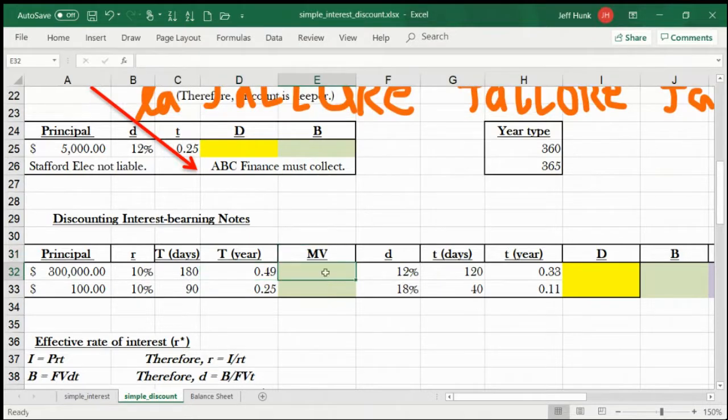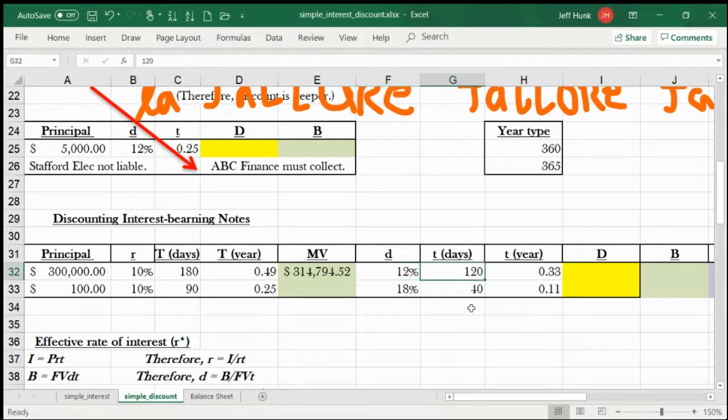So then what's the maturity value? Because this is with interest, all you need to do is, you already know this, principal times 1 plus R times T, right? And then that's the maturity value.